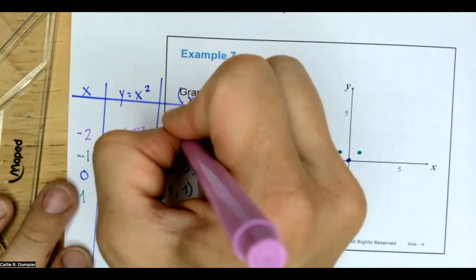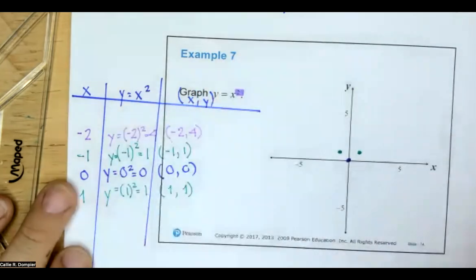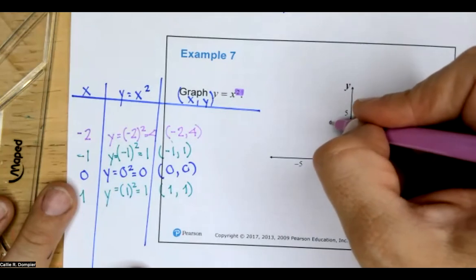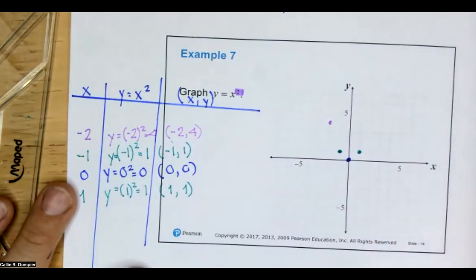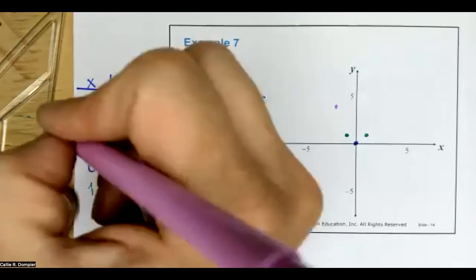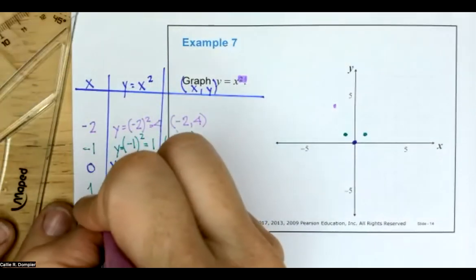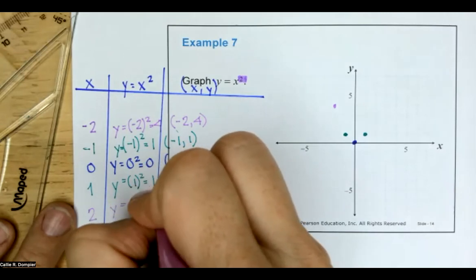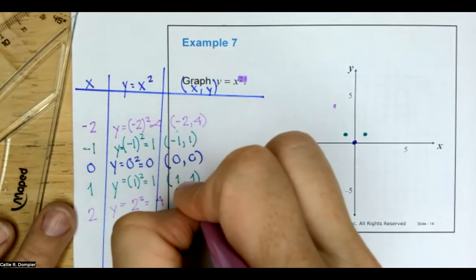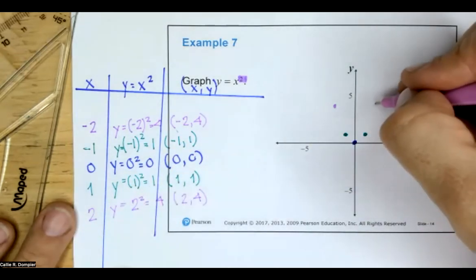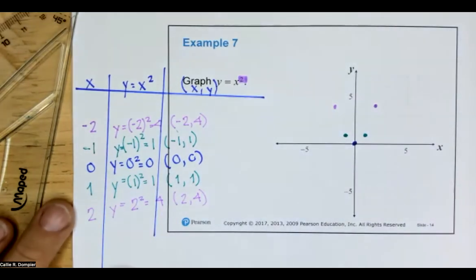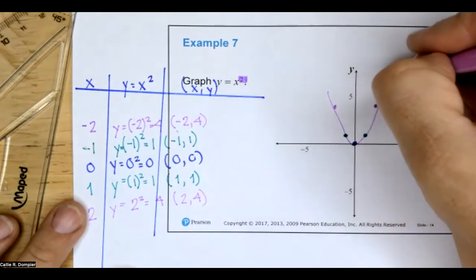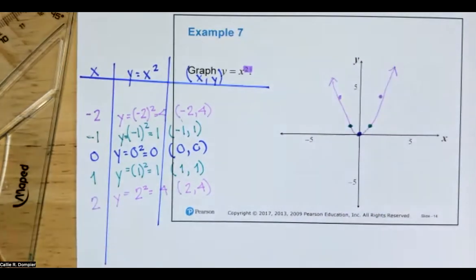So that means I have the point (-2, 4). Just guess and say it's right below the 5. And then +2 is going to be the same thing, right? Because we're just squaring it. So 2 squared is 4. So we have the point (2, 4). So we're able to graph it. And it's not a straight line.